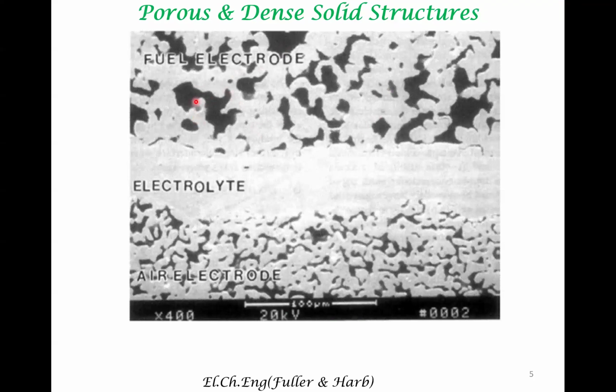So this porous structure has all three transport processes operational within the structure, but here you have only ionic conduction. It doesn't allow for electronic conduction or for the transport of reactant gases.